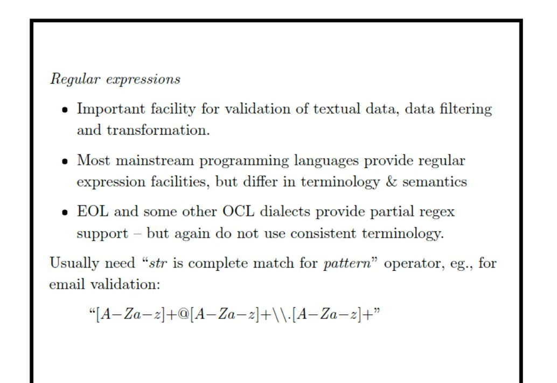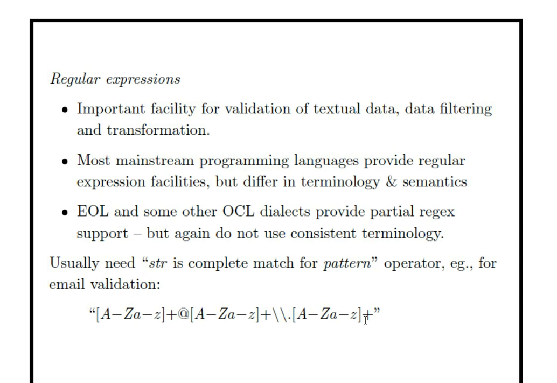Usually the most significant regular expression operator is to check whether a given string is a complete match for a pattern. For example, to validate an email, we want to check that the email matches against a pattern whereby the first part of the string is composed of alphabetic characters, maybe numeric characters as well, at least one, followed by the @ sign, and again a block of alphabetic characters, at least one, followed by a literal dot, and then again a block of alphabetic characters, at least one.